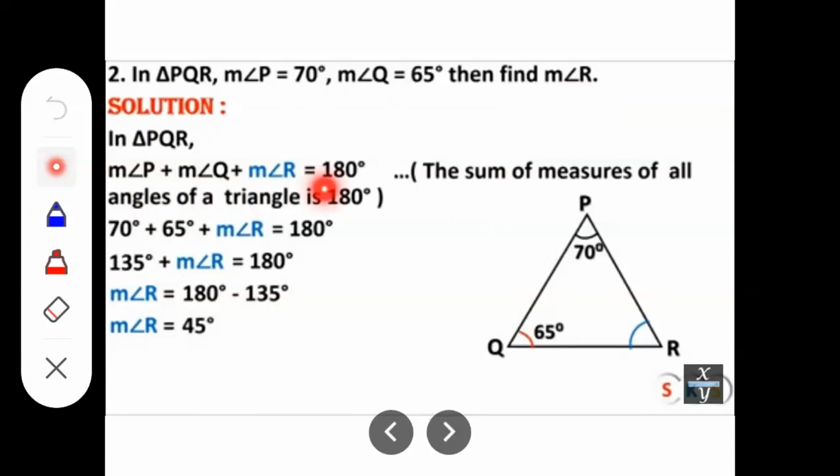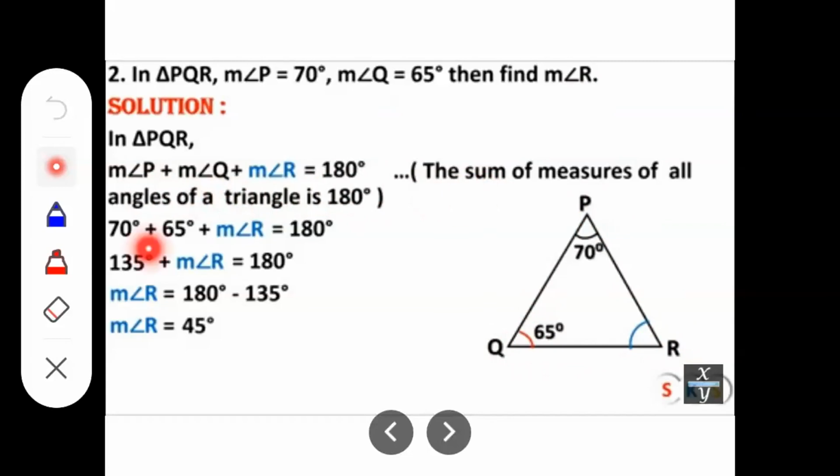It is together 180 degree. Here you can write one label name for each angle because no other angles are here. Okay, so you can write measurement of angle P plus measurement of angle Q plus measurement of angle R equal to 180 degree. And you must write the reason in front of this step. It is very compulsory to write the reason always.